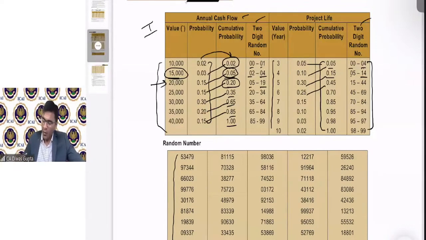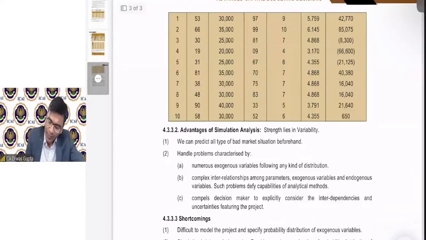Okay. Now, the next thing is to look at these random variables. From these random variables, we will pick the first two digits and put them in the above table to identify. See, 53.